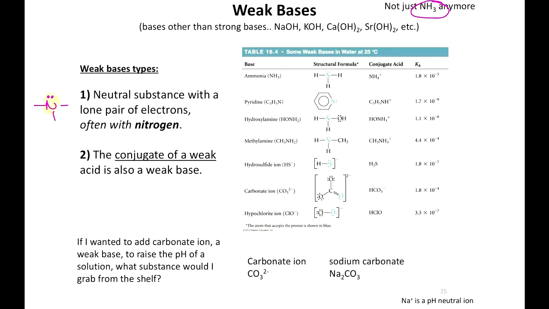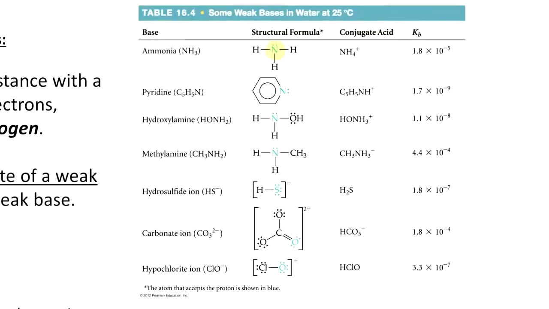So here's an example. These first four. Look, there's ammonia, nitrogen with a lone pair, junk attached to it. That's a base. It has a Kb. Pyridine. There's nitrogen with a lone pair with some stuff attached to it. That's also a base. Hydroxylamine, nitrogen with a lone pair with some junk attached to it. Methylamine, nitrogen with a lone pair with some junk attached to it.